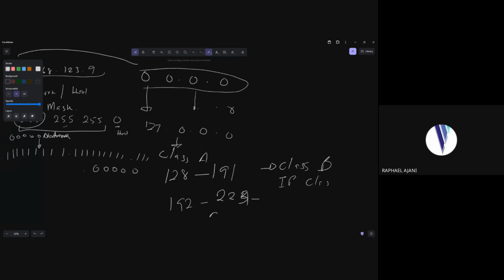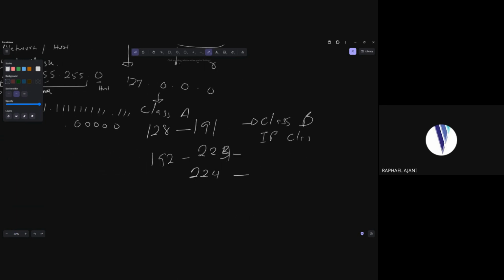The class D starts from 224 to 254. And then at this level, the next number will be 255.